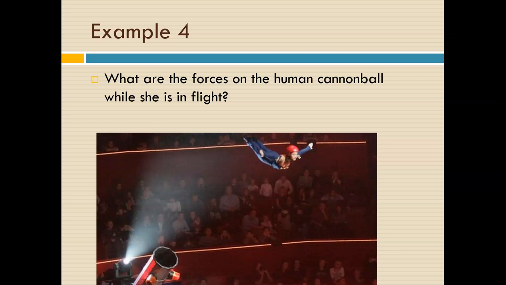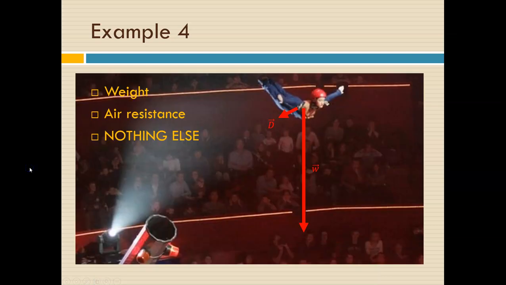Remember, you have to identify the objects interacting with the body. And what's interacting with her is the air, providing air resistance, and the planet, which is providing gravity, and nothing else. Nothing else is interacting with her. Okay? There's weight, there's air resistance, and nothing else.